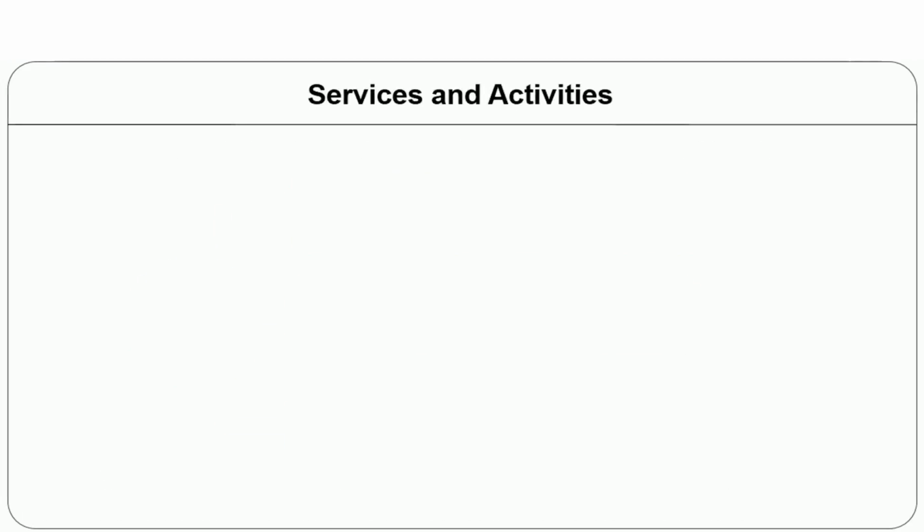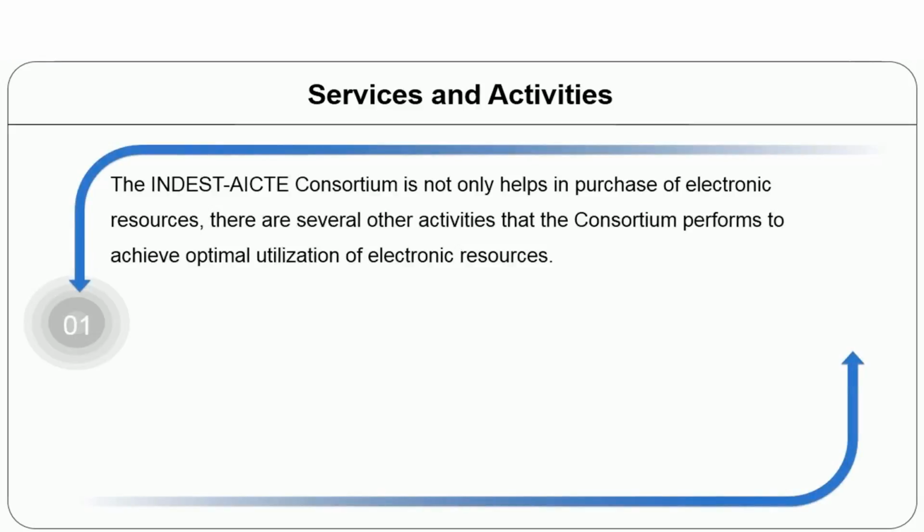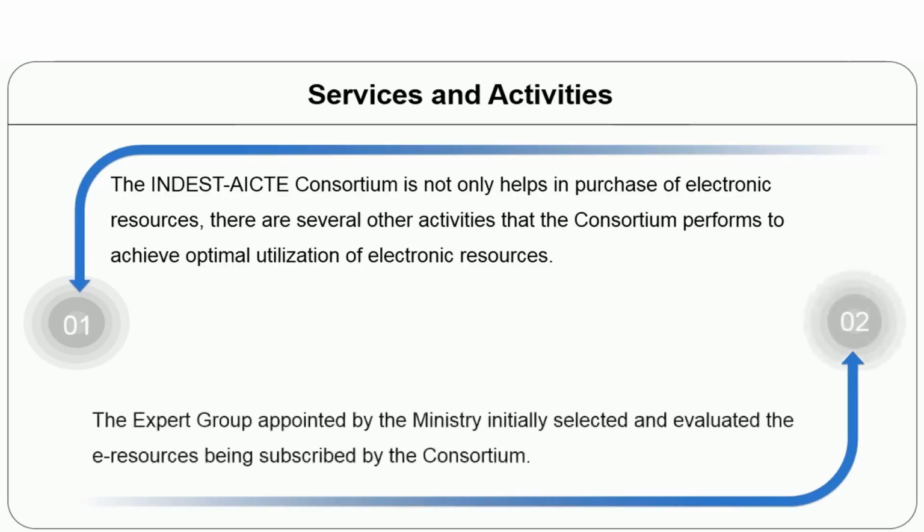Services and activities. The INDEST-AICTE Consortium not only helps in purchase of electronic resources, there are several other activities that the consortium performs to achieve the optimal utilization of the electronic resources. The expert group appointed by the ministry initially selected and evaluated the e-resources being subscribed by the consortium.